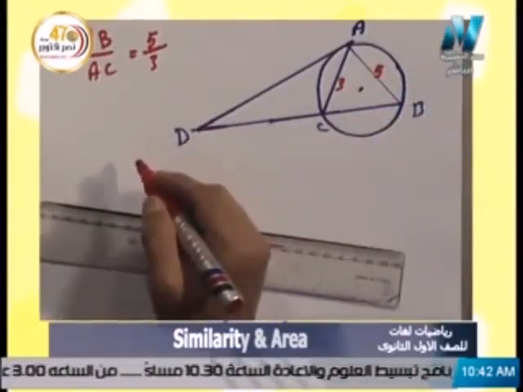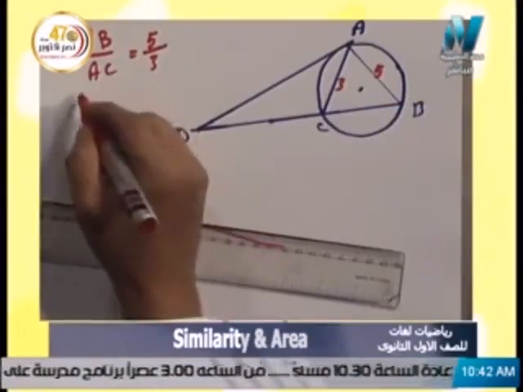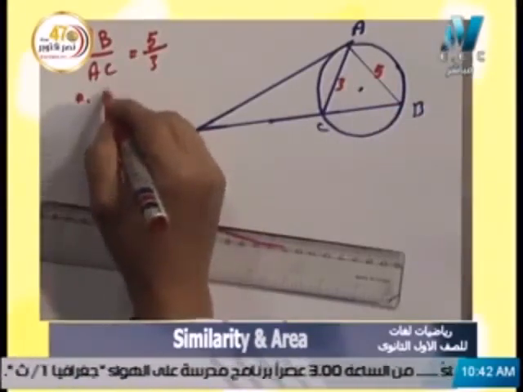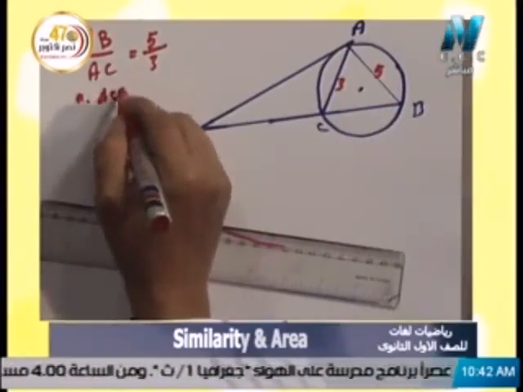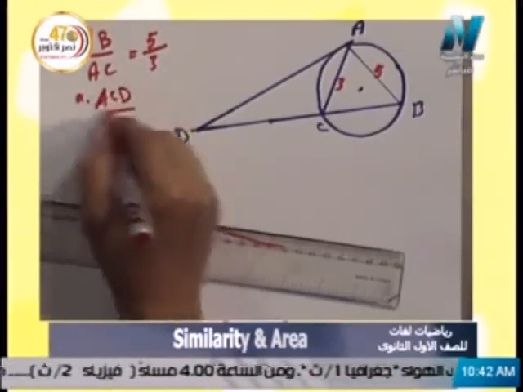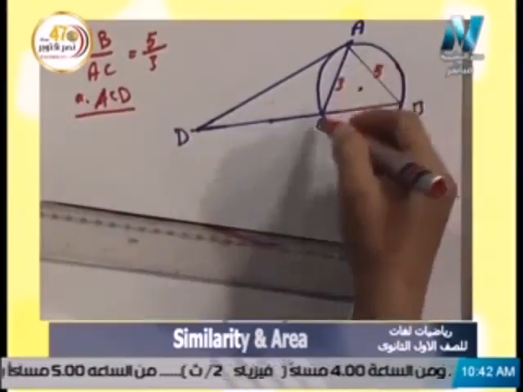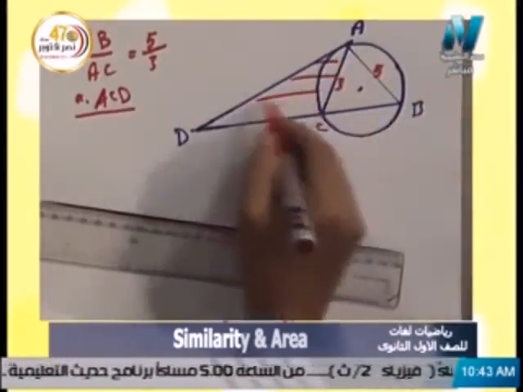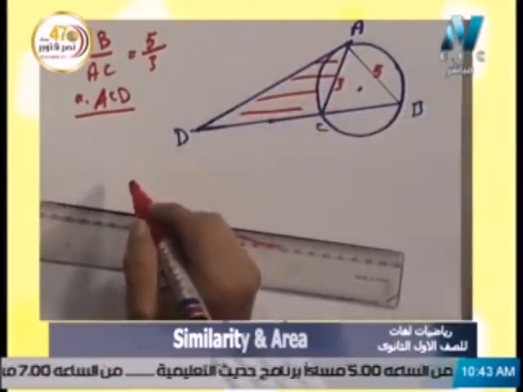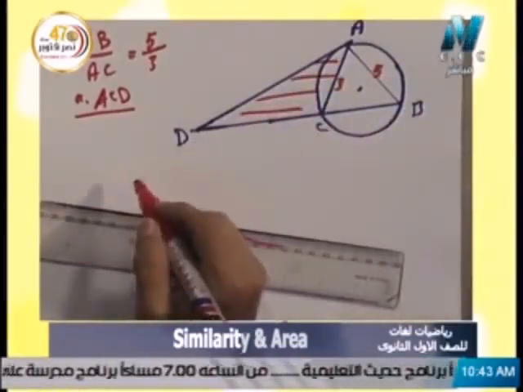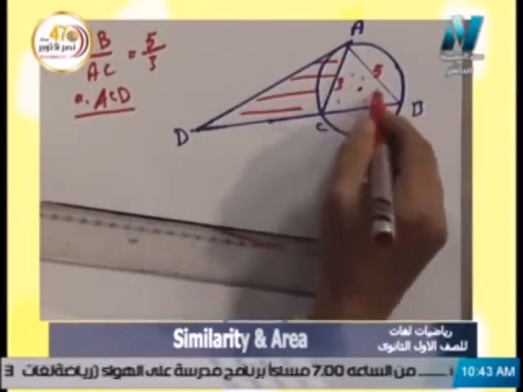The request is to find the ratio between the area of triangle ACD and the area of triangle ABC, this one.